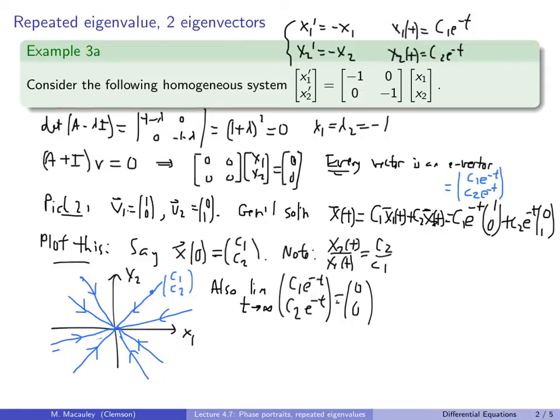So the phase portrait looks like a star like this, and recall that we discussed this a couple lectures ago when we were looking at phase portraits when the eigenvalues were real. At the very end of the lecture, I said, what if the eigenvalues are really close to each other? Remember, when they're different from each other, we get this bend in the curves. But if they're really close, then the bend is almost nothing. And in the limit, we get where there is no bend, which is something like this.